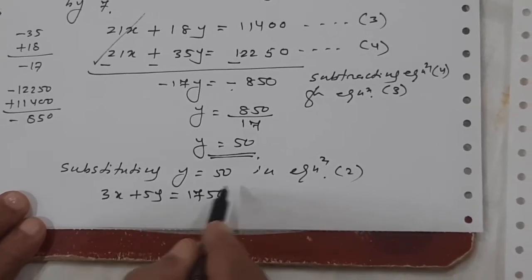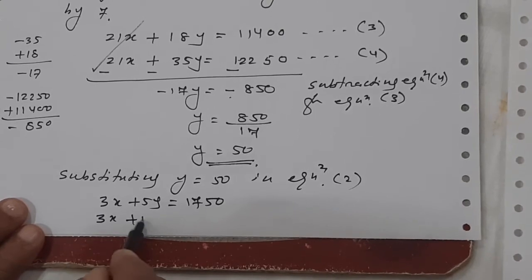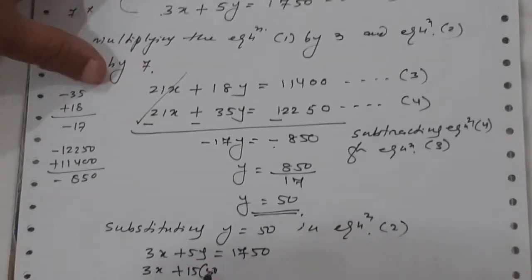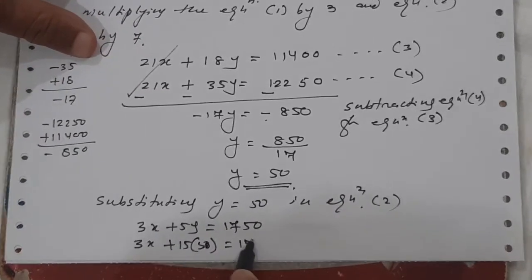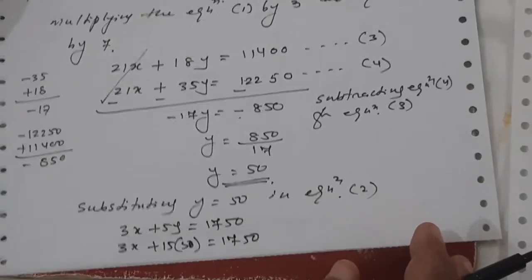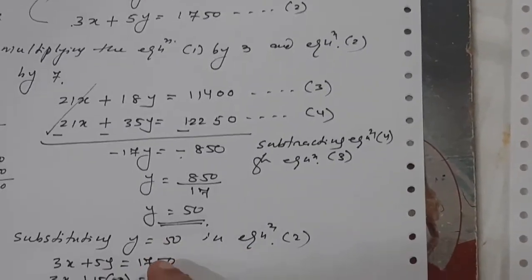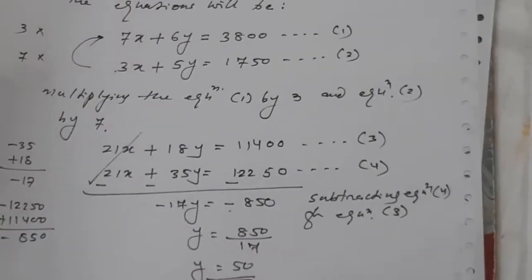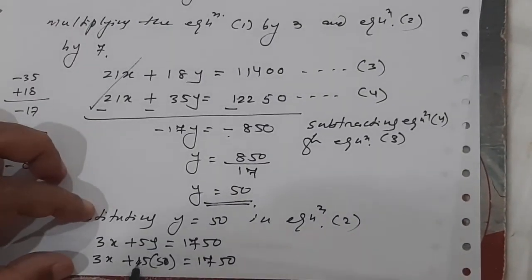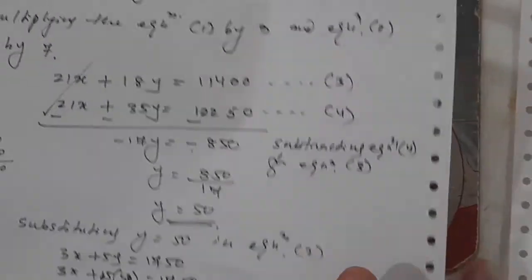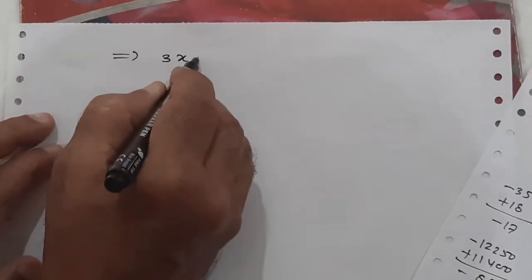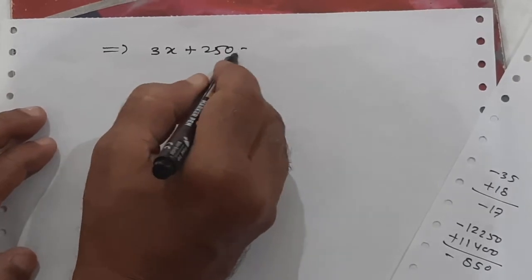Now substitute the value of y: 3x plus 5 into y value, which is 50, is equal to 1750. So 5 multiplied by 50 will be 250. So 3x plus 250 is equal to 1750.